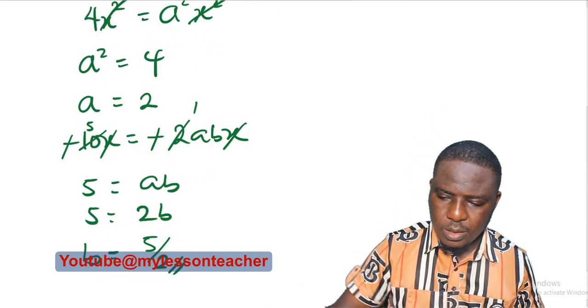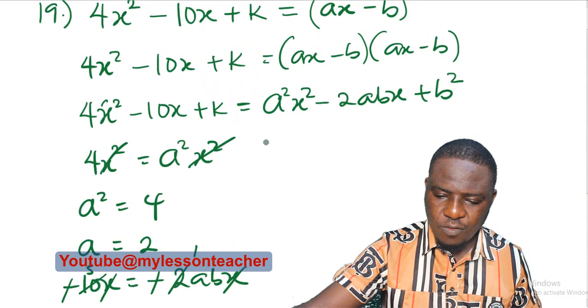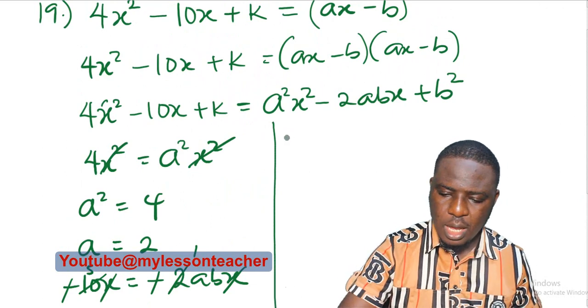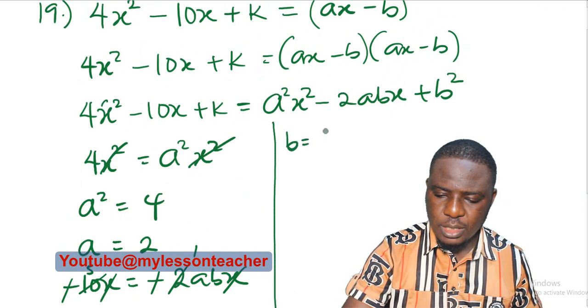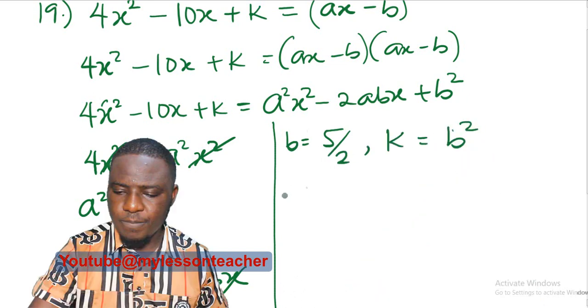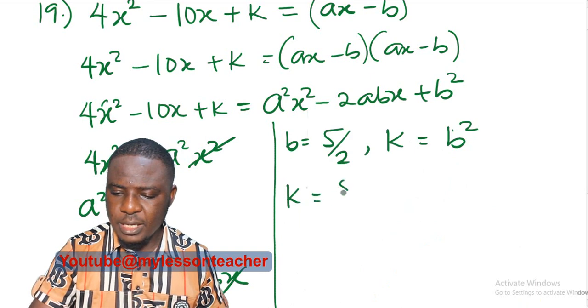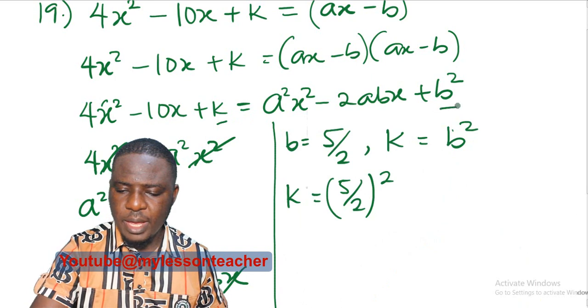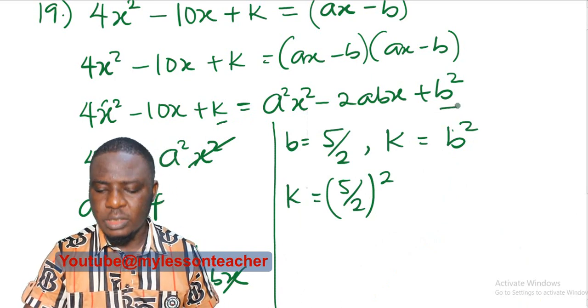So if b is 5 over 2, and we have it that k is equal to b squared, it therefore means that k is 5 over 2 all squared when you compare the third terms.